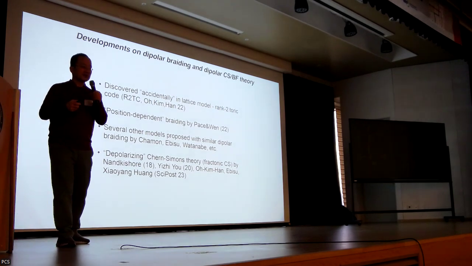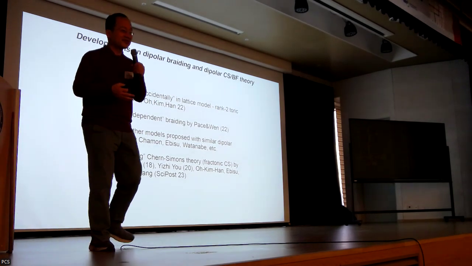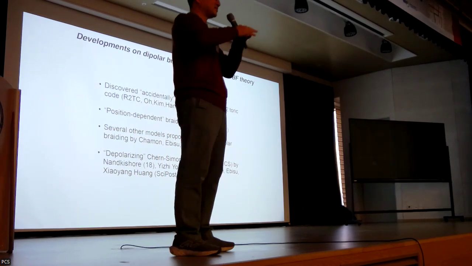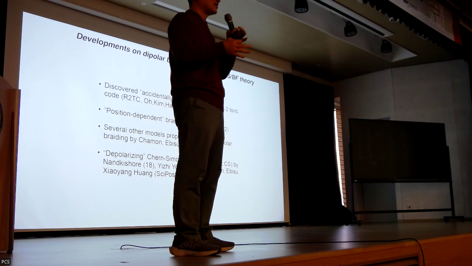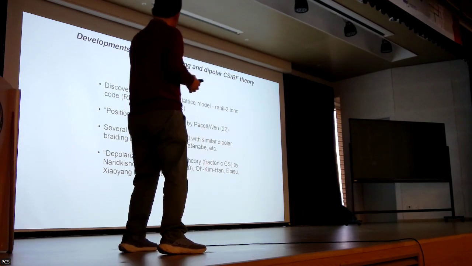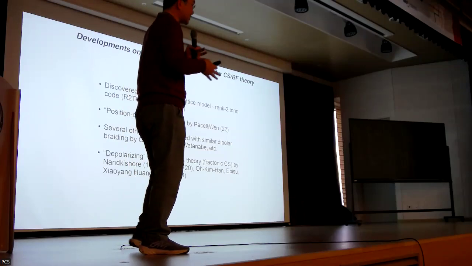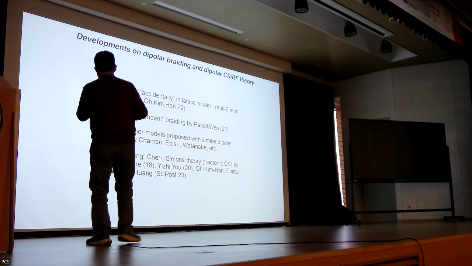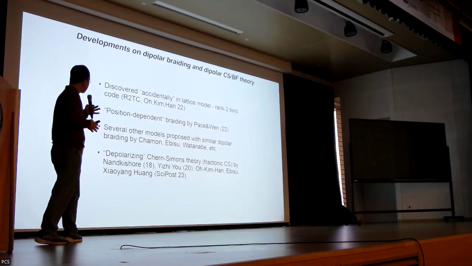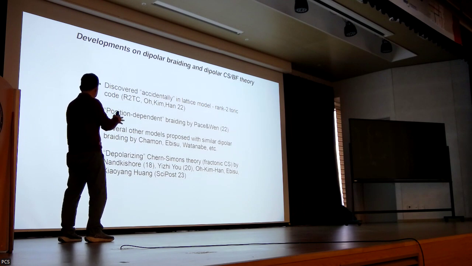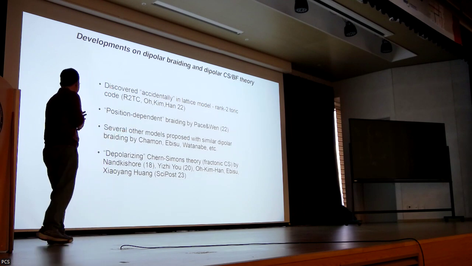Okay, so where does all of this stuff come from? It came from a study of some toric-code-like lattice model, which I started with my students and postdocs about 3 years ago. And then it was further developed by Cell Pace not even a year after, just a few months afterwards.